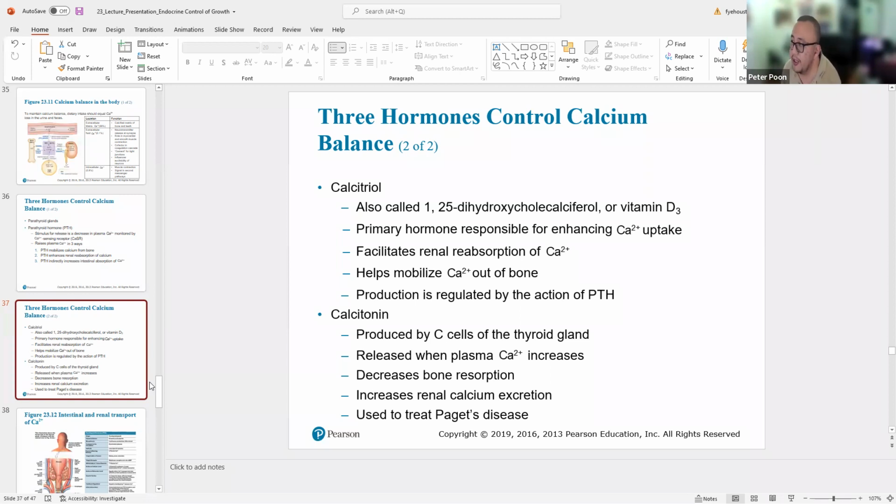Otherwise, calcitonin doesn't do anything. Physiological levels of calcitonin don't seem to do anything in the body. We usually just regulate calcium levels in one direction using parathyroid hormone and vitamin D. We increase it when necessary, but we don't necessarily decrease the calcium in the blood when there's too much.